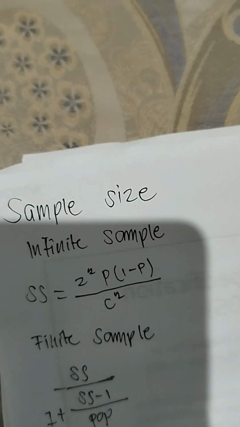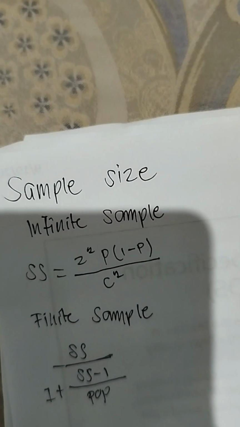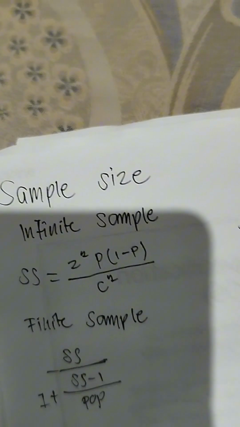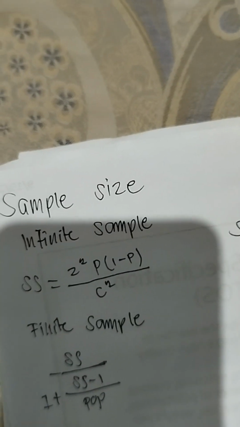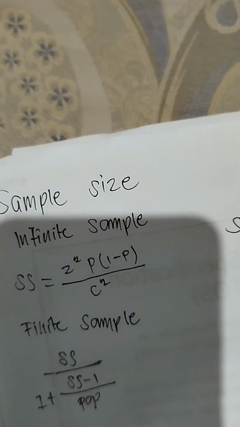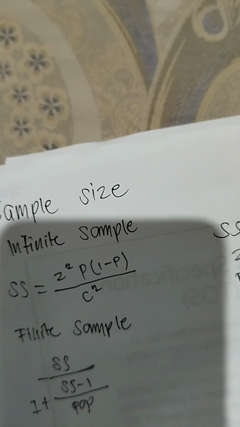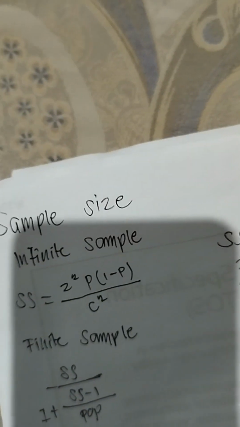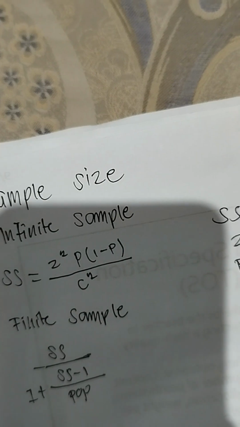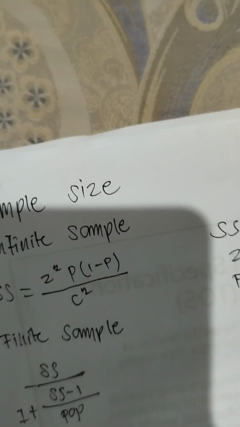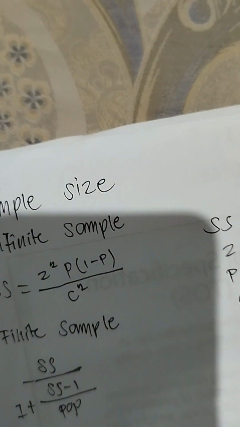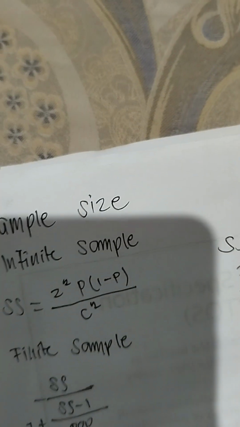Unya, ang finite sample kay we already know the total number of people or items. And both formulas are used to find the right sample size for the study to make sure the results are accurate and reliable.